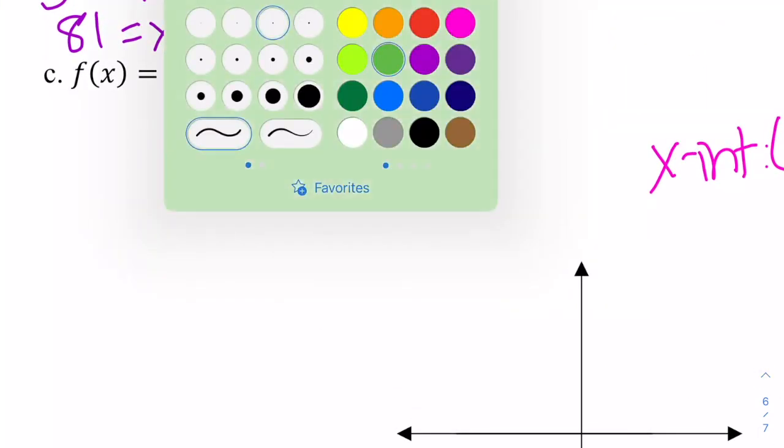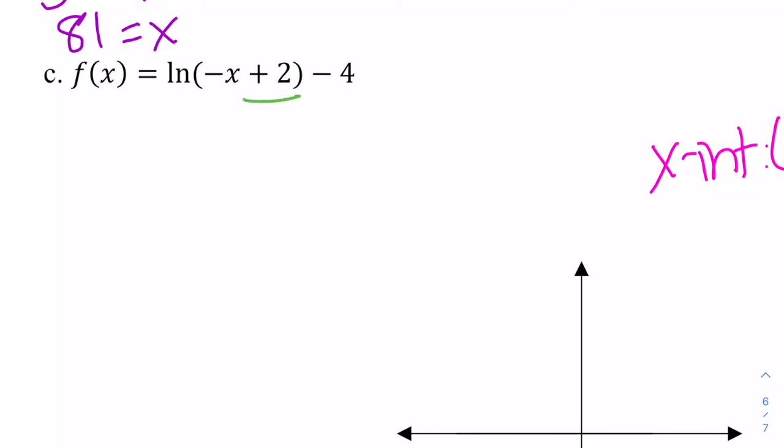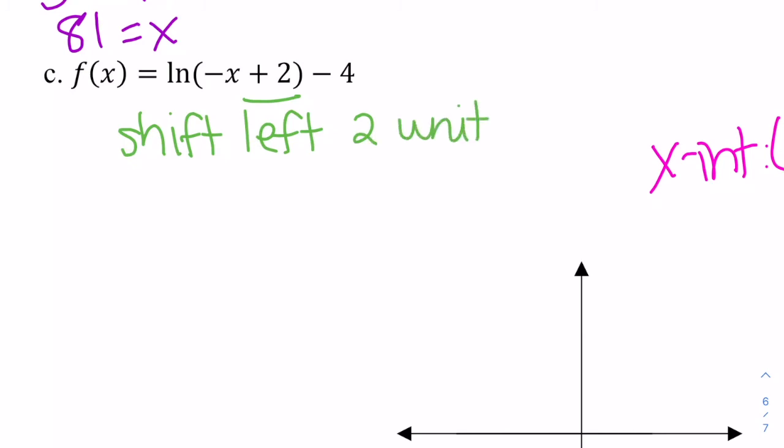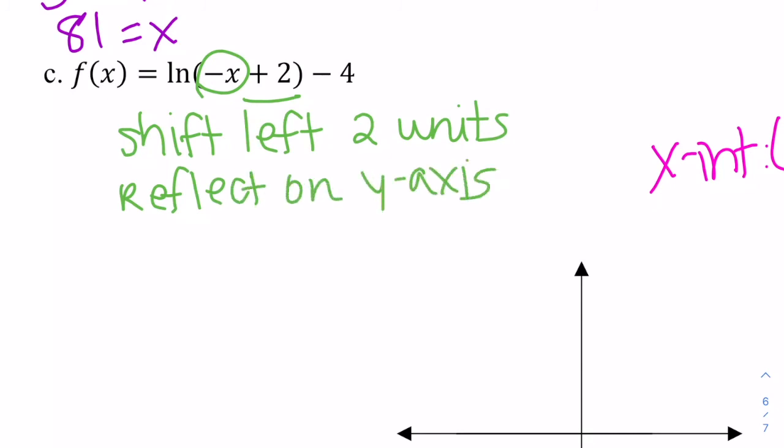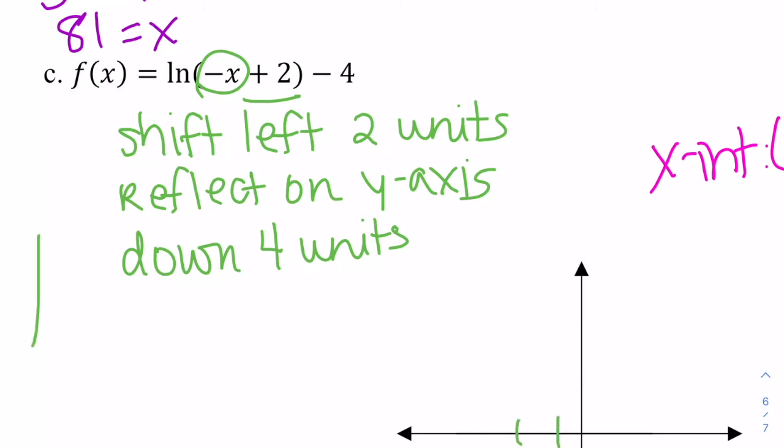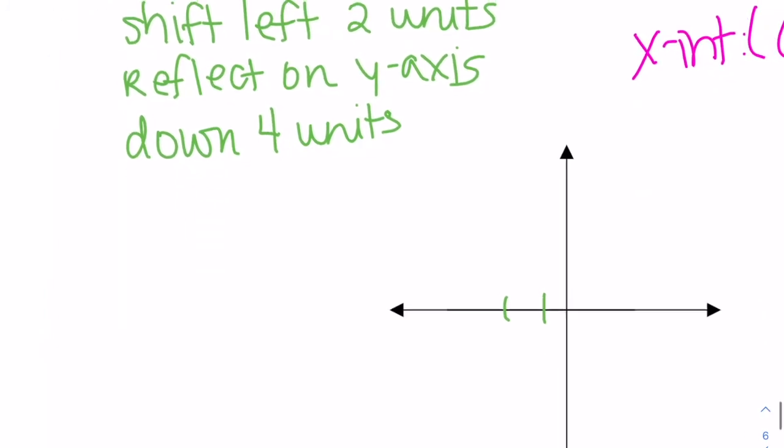All right, let's look at the next one. For this problem, we know that it's going to shift left 2 units. It's going to be reflected on the y, and then it's going to go down 4 units. So when I shift it to the left 2, that changes the vertical asymptote.